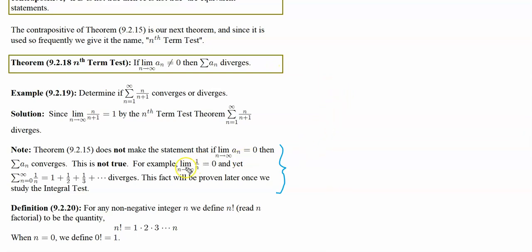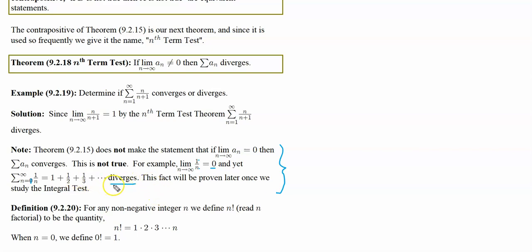For example, if you consider the limit as n goes to infinity of the sequence 1 over n, of course that is equal to 0. And yet, if you look at the sum from 1 to infinity of 1 over n, that's going to be 1 plus 1/2 plus 1/3 plus 1/4 and so on, that actually diverges. And we will prove that later on, okay?